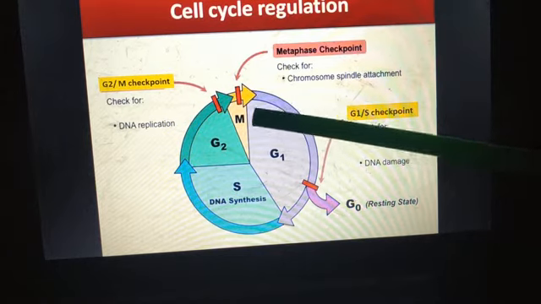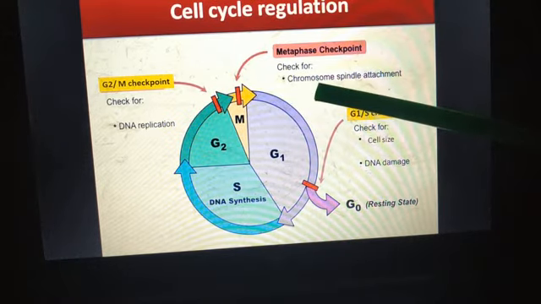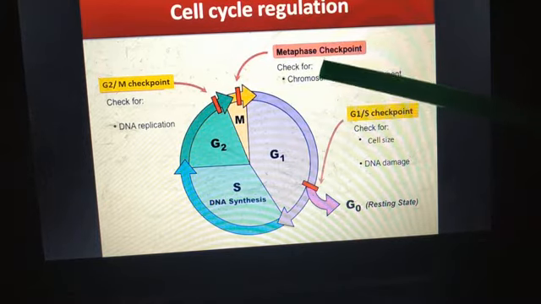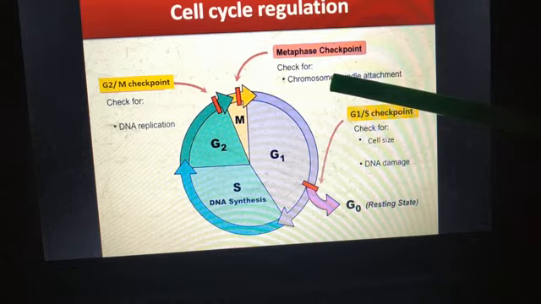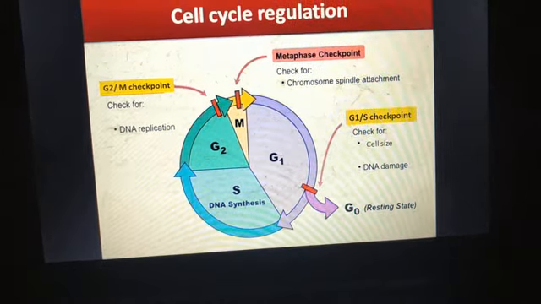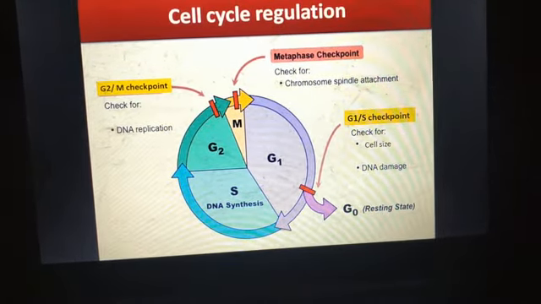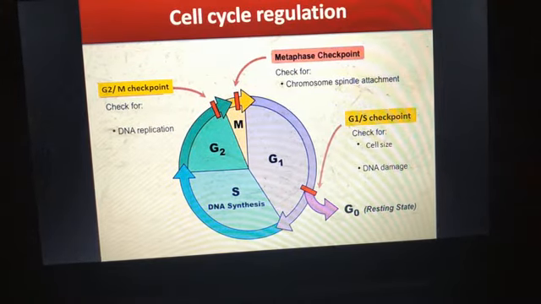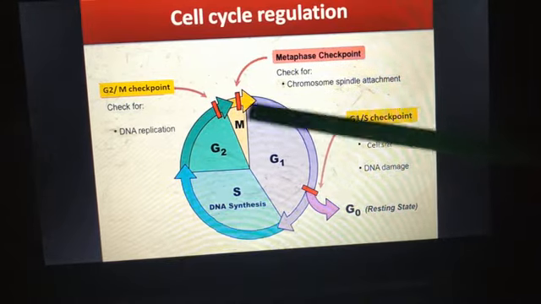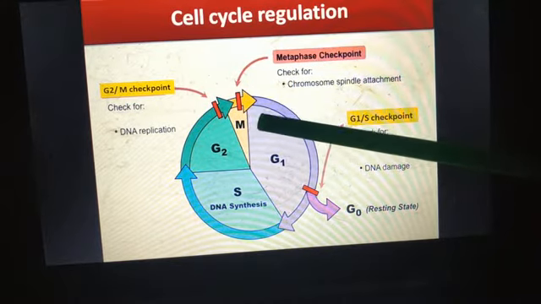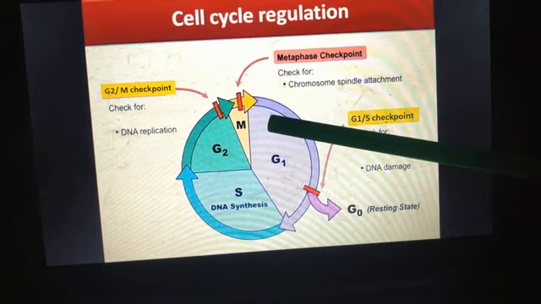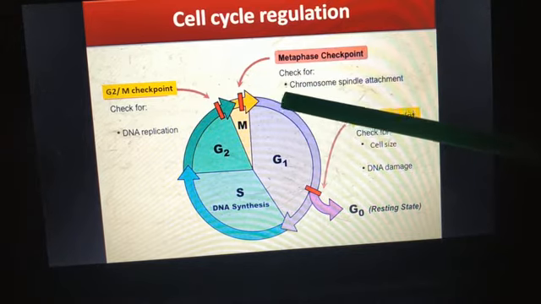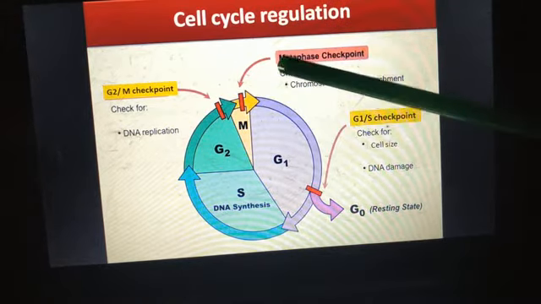If the spindle fiber formation and attachment are not done properly, then the mitosis phase is arrested. It will stop until the damage is repaired. Once the damage is repaired, then the cell will move to the next phase.